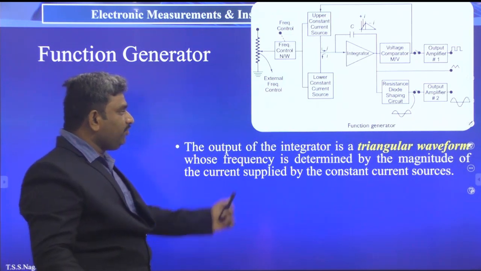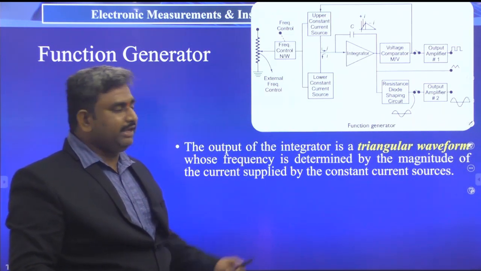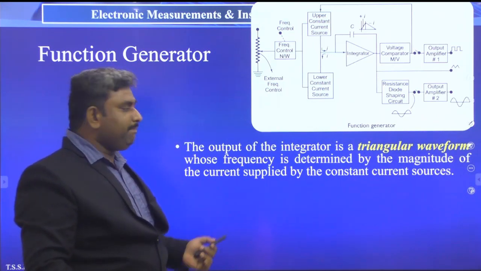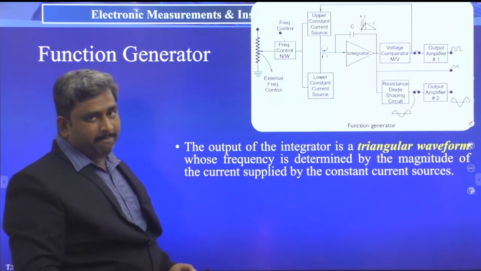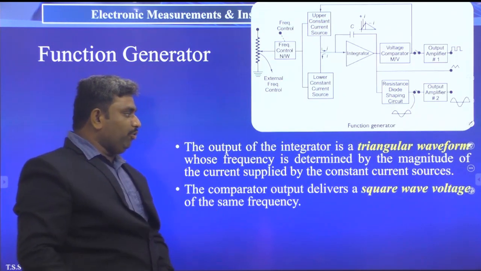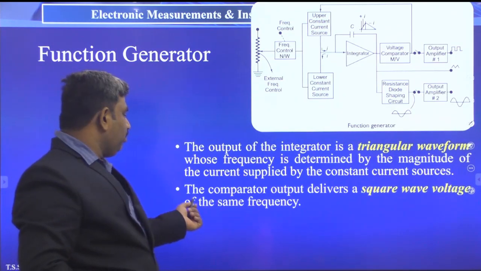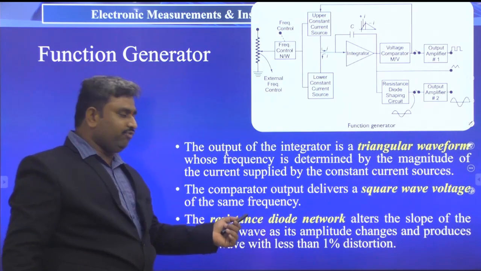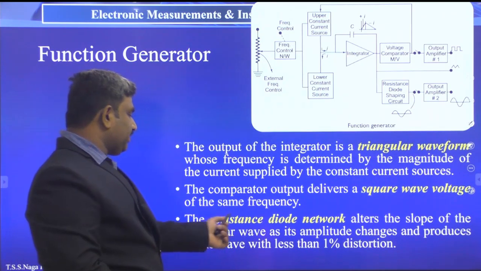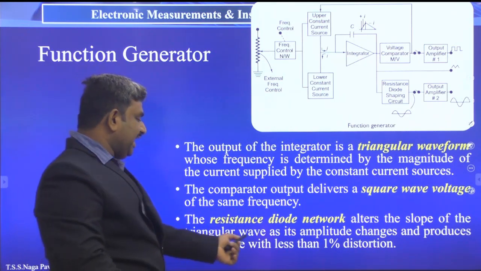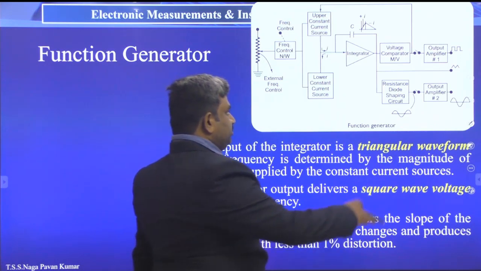Next, the output of the integrator we are calling a triangular waveform, whose frequency is determined by the magnitude of the current supplied by the constant current sources. The comparator output delivers a square wave voltage of the same frequency, and the resistance diode network alters the slope of the triangular wave as its amplitude changes and produces a sine wave with less than 1% distortion.